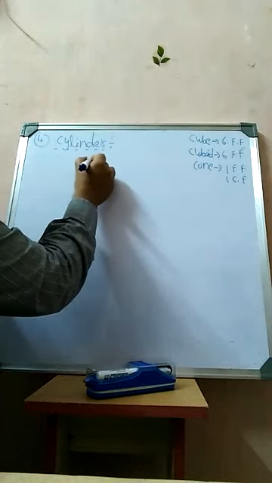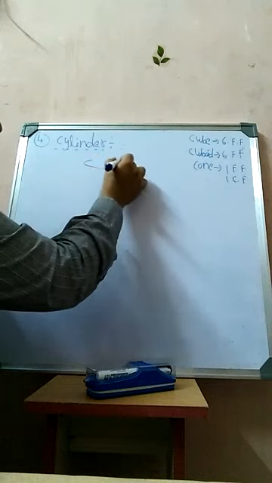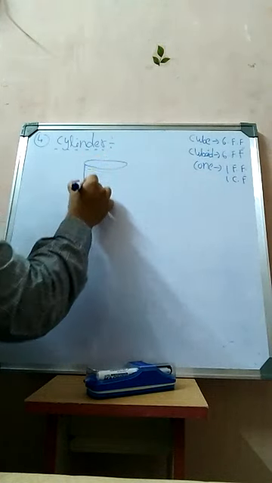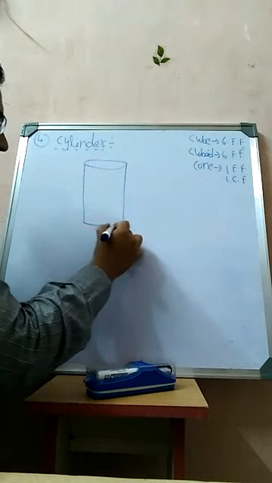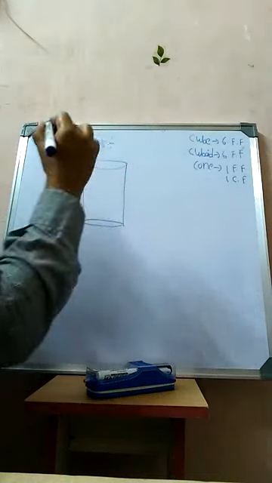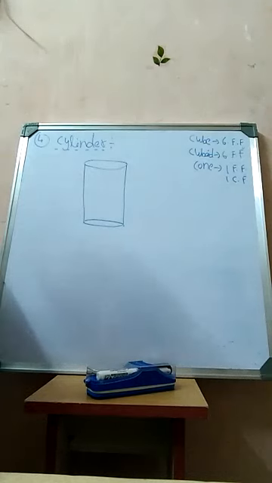Cylinder shape. See, as examples for a cylindrical shape, we can take a drum or tank.